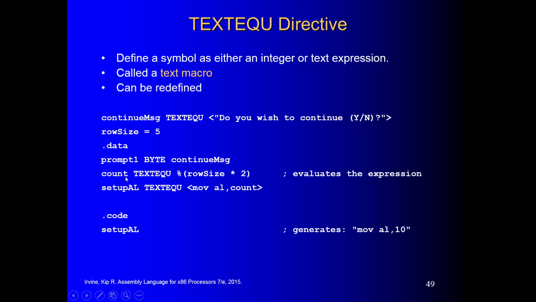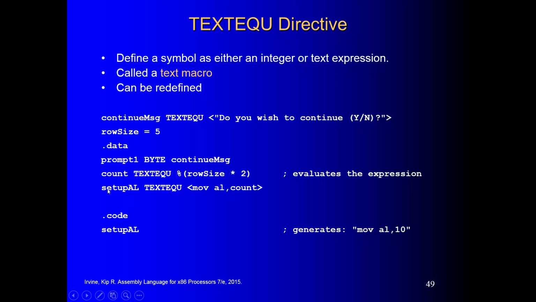Okay. Then you're going to initialize a variable, count, and you say it is TEXTEQU, use rowSize multiplied by 2. So the computer is going to evaluate this expression and use the result here to initialize the count.